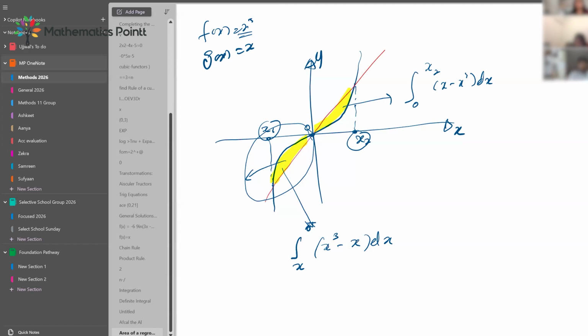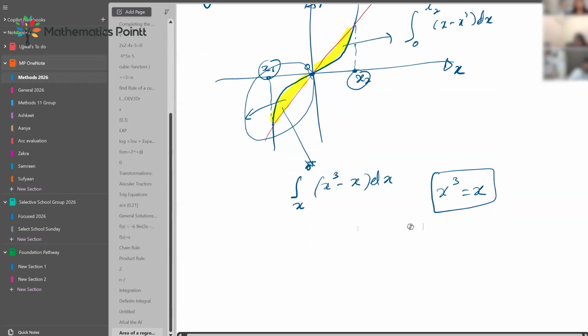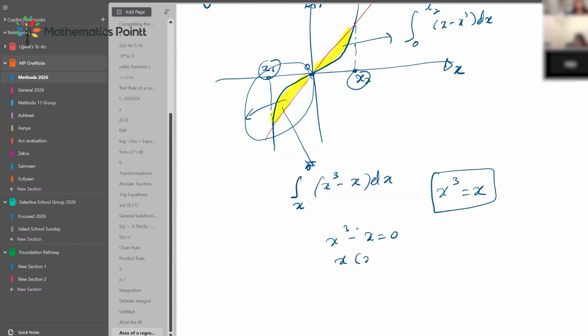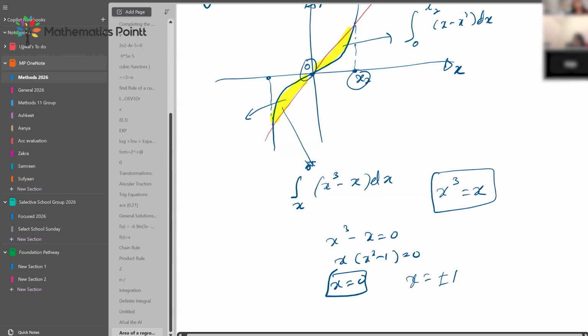They are nothing but the points of intersection between the two curves. So how do I find the points of intersection? I just equate them. So if I equate them, I get x cubed minus x equals 0, and I get x squared minus 1 equals 0. x equals 0, which I already have, and x equals plus or minus 1. So this point is actually minus 1, and this one is plus 1.